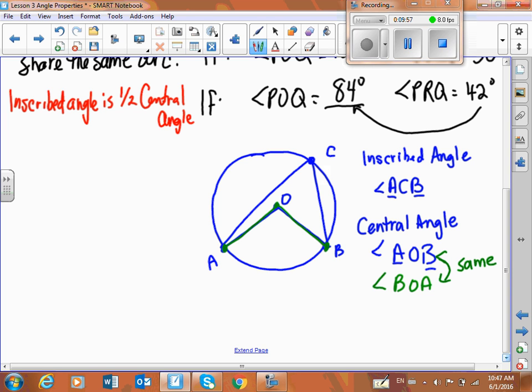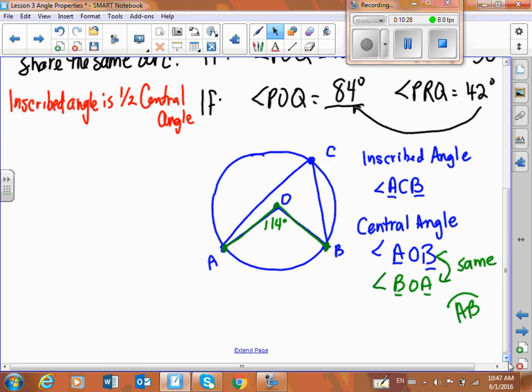Again, it's because they share arc AB or arc BA, doesn't matter which way you say it, they're still the same. Okay, so don't get caught in this rut of, oh, that's B then A, this is A then B, those must be different. No, that's not true. Okay, if I told you that angle AOB was 114 degrees, what would you tell me that angle ACB is?